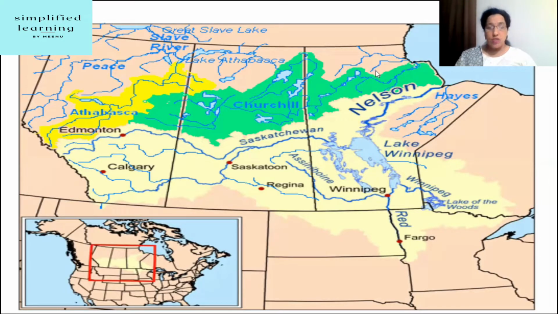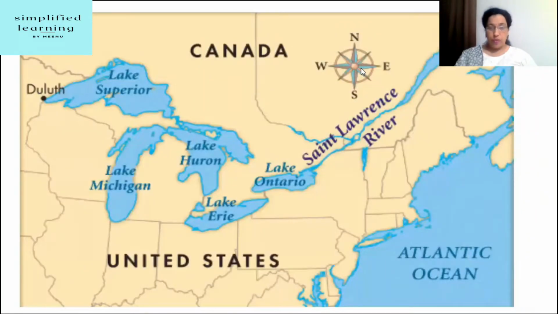Clear? Now let's talk about other rivers which drain into the North Atlantic Ocean, that is towards east. The rivers draining eastwards into the North Atlantic Ocean are St. Lawrence, Hudson, and fall line rivers like Potomac and Delaware.